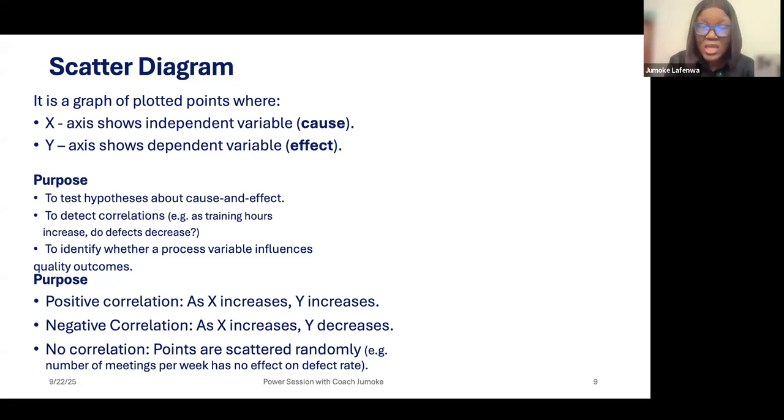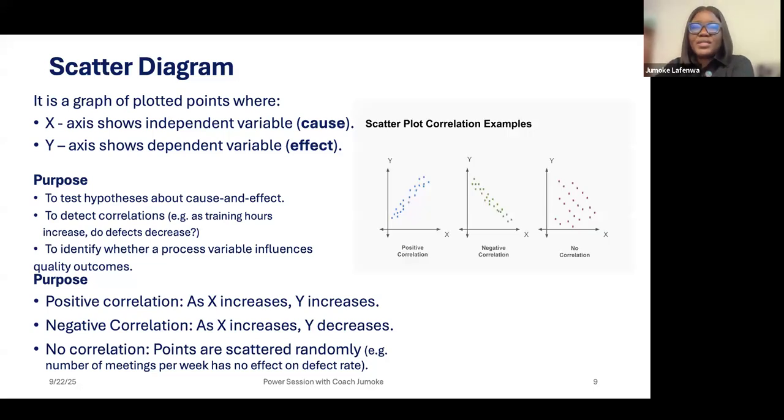It's the same performance. If they were scoring 40% averagely, they're still scoring 40% averagely. That is what we mean by no correlation. Points are scattered randomly. And the example I gave here is number of meetings per week has no effect on defect rate.